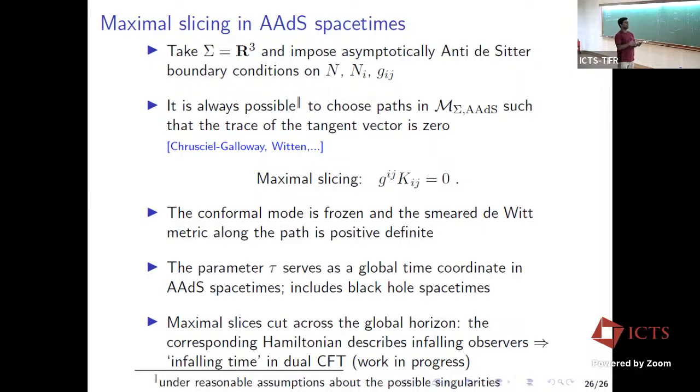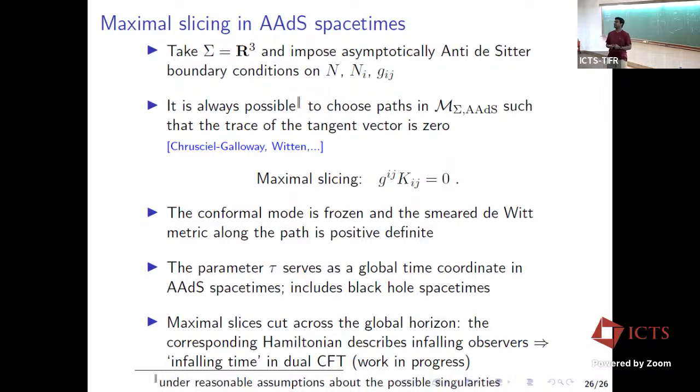So this includes black hole spacetimes, for example, and it turns out that these maximal slices cut across the horizon. There is a choice of maximal slicing where the slices cut across the horizon, and the corresponding Hamiltonian, which evolves the degrees of freedom in spacetime, can describe infalling observers, because the spatial slices are supported even inside the horizon.